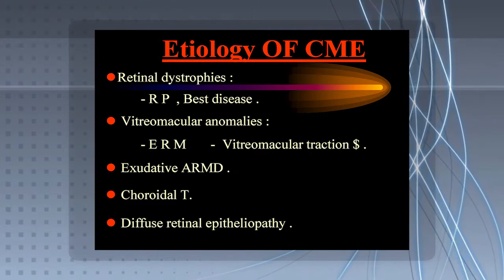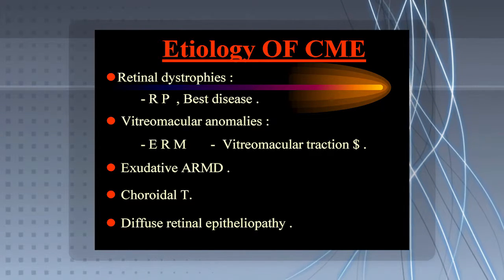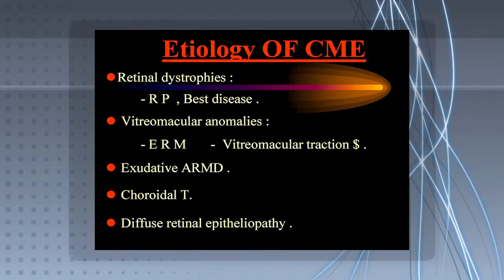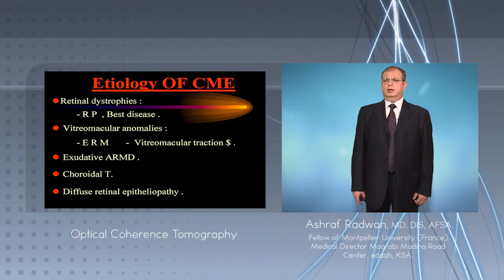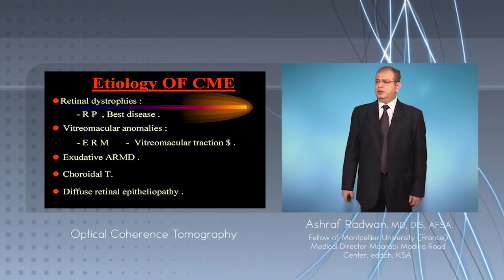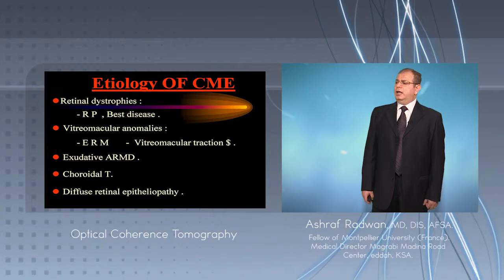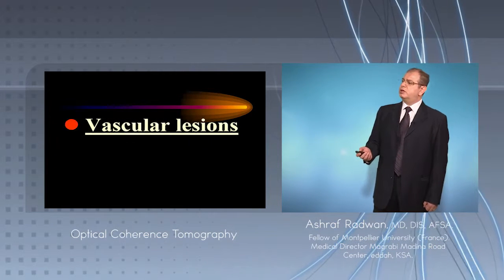In vitreomacular anomalies, like in the presence of an epiretinal membrane making any traction over the macula, or the vitreomacular traction syndromes. In exudative age-related macular degeneration, as we have seen, associated cystoid macular edema, in the presence of choroidal tumors, and in diffuse retinal epitheliopathy. We'll see a lot of these examples just now.